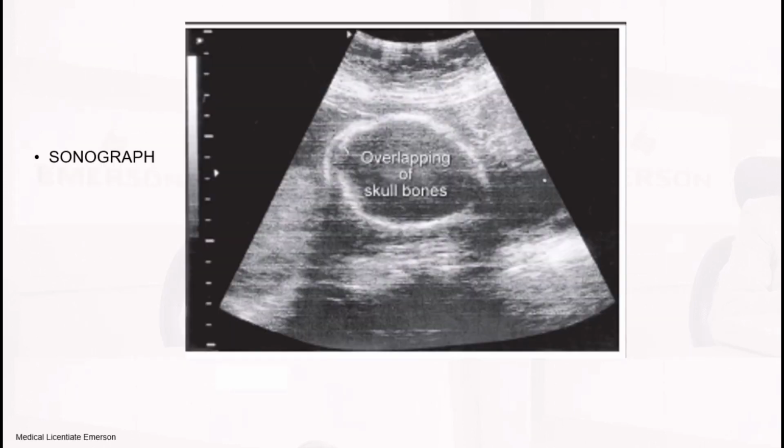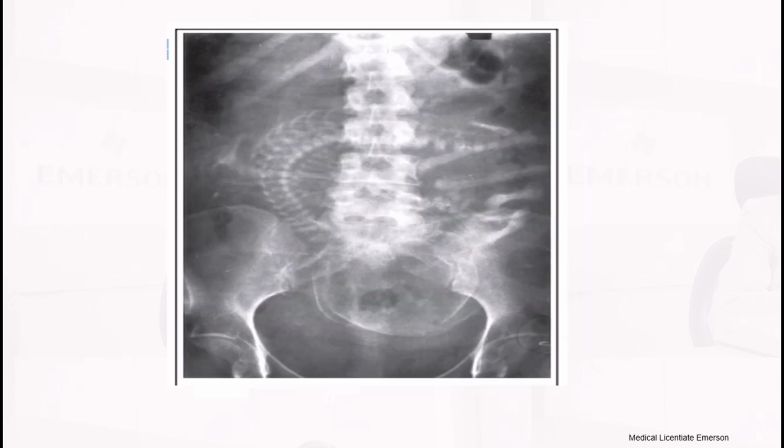Then this is the sonographic plate, which is showing collapsed cranial bones, which is a late feature of intrauterine fetal death. Then this is a straight X-ray of the abdomen, which is showing a single fetus.